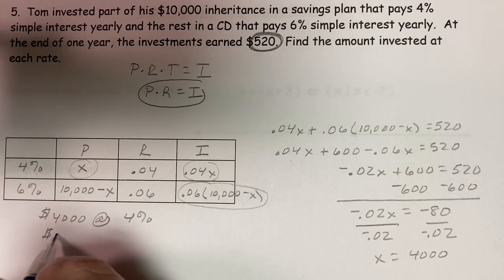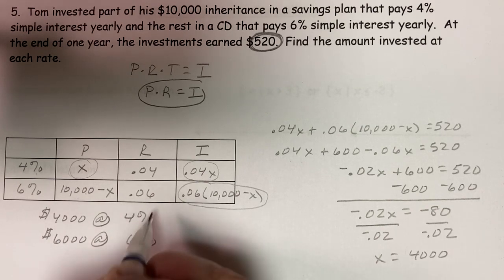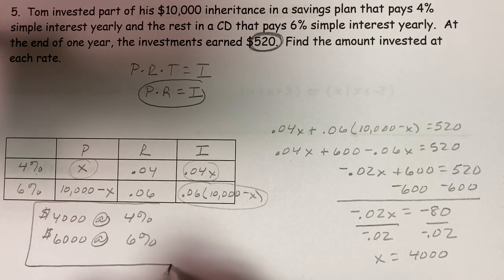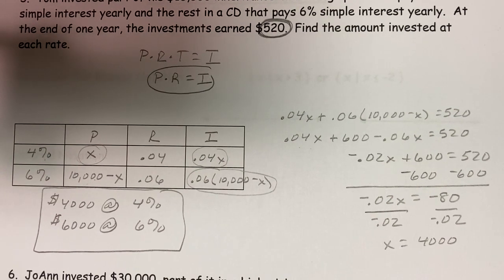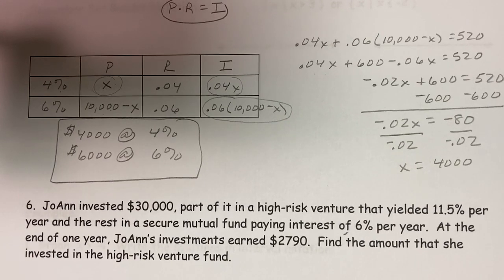So he invested $6,000 at 6%. And there's how you divide his investments to get that percent. Number 6 is very similar. Why don't you pause the video, do number 6, and then come back and watch as I do it. Hopefully we match.